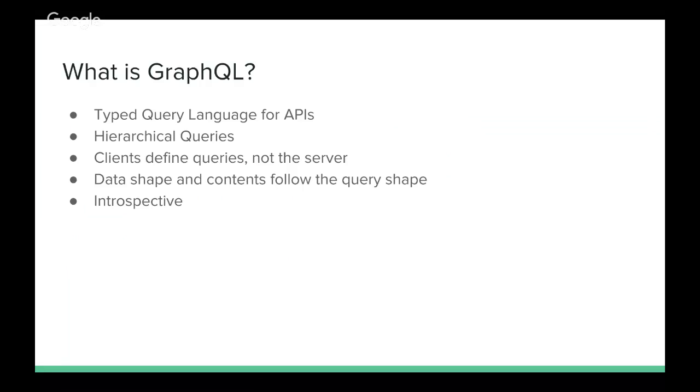Fundamentally, GraphQL models its queries in a hierarchical manner. On the server, you describe schemas that describe the relationships that your different objects have with each other. You present the schema to the client, and the client is then able to start digging in at some level of this hierarchy and get exactly the data that they want out of it, without getting any more or any less.